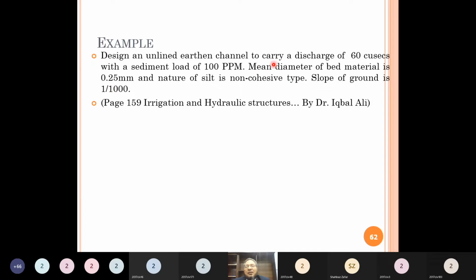This will help you in selecting the permissible velocity. Slope of ground is 1 over 1000, so you may take this value as the bed slope. This problem is solved on page 159 of the book, so you have to see it yourself.